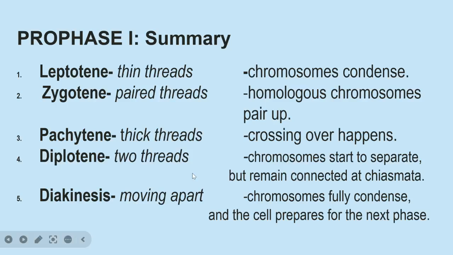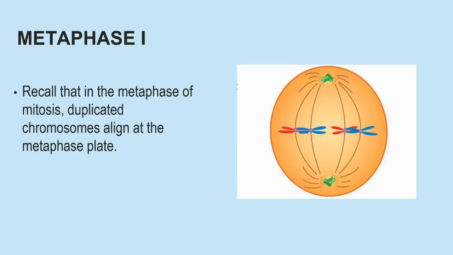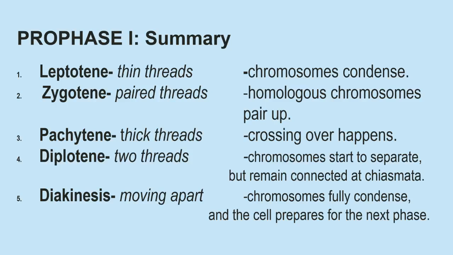And diakinesis, or moving apart, chromosomes fully condense and the cell prepares for the next phase. So yeah, Prophase 1 is a complex stage that is subdivided into 5 stages, each with specific events that lead to the pairing and recombination of homologous chromosomes.